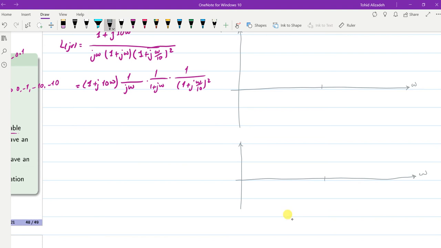Let's assume that here we have the frequency of 1, 10, 100, 10 to the power of 3, and 0.1, 0.01, 0.001, and so on and so forth. And similarly for the phase plot.